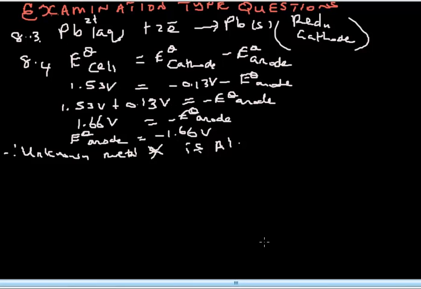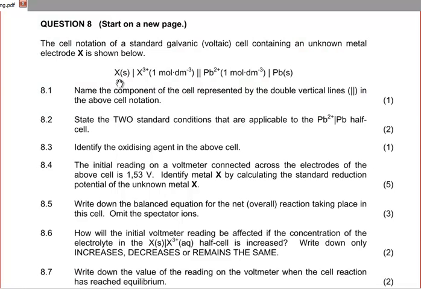Why? Just because from our question you can see that our S is being converted to X3+. So aluminium can also have an ion of aluminium 3+. So this one is actually a correct answer, right?